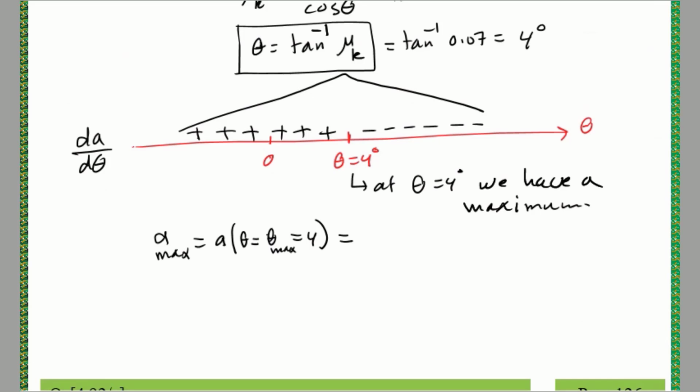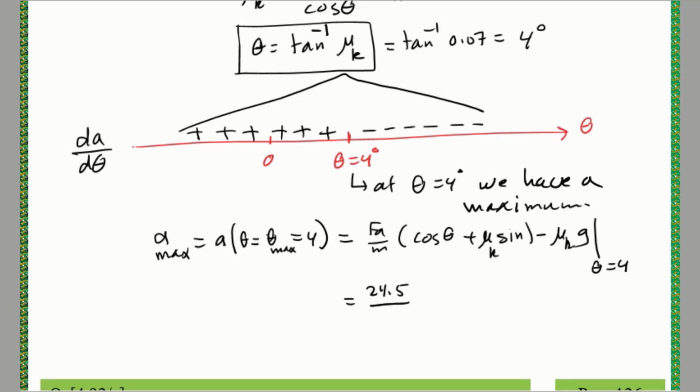So put here Fa over m, then cosine theta plus mu k sine theta minus mu k times g. And we need to put theta equals 4. Fa is 24.5, 0.3, I think.